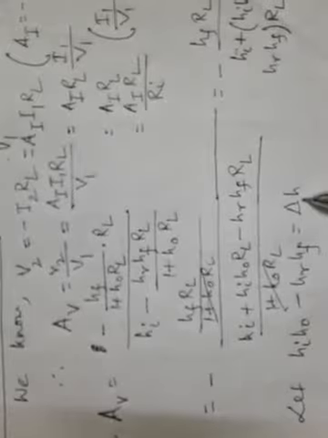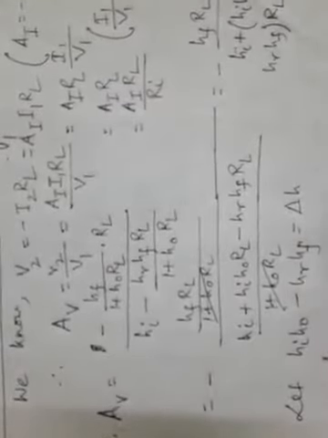This product minus this product denotes a change, denoted as delta H. Put this over here so that the expression of voltage gain becomes a little more concise. So this is minus Hf RL divided by Hi plus delta H RL. This is the expression for voltage gain.